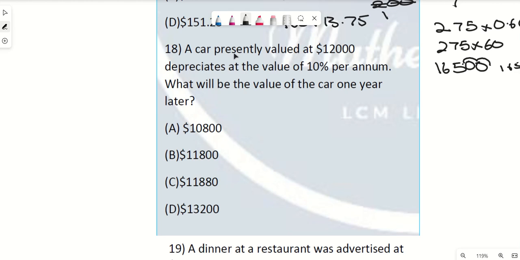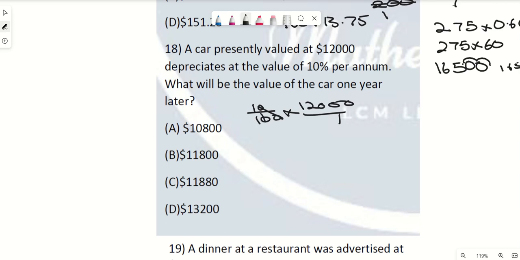A car presently valued at 12,000 depreciates at the rate of 10% per annum, meaning 10% every year. What will be the value of the car 1 year later? So it's just 1 year. So first off, let's first find out how much it depreciates by. So 10% multiplied by the value of the car, 12,000.